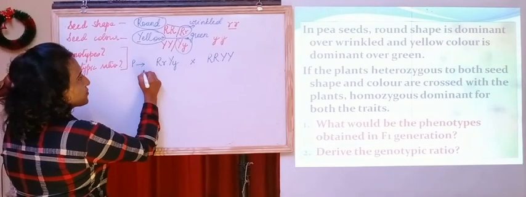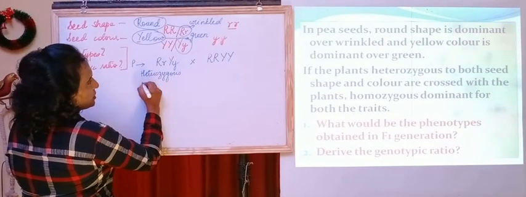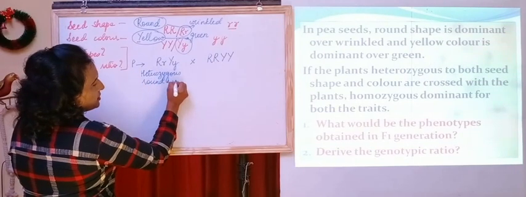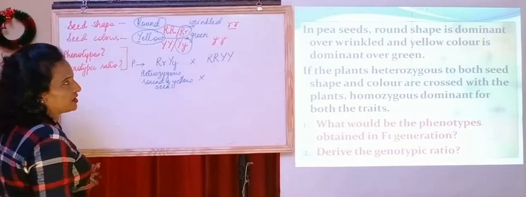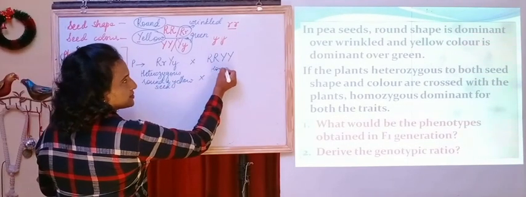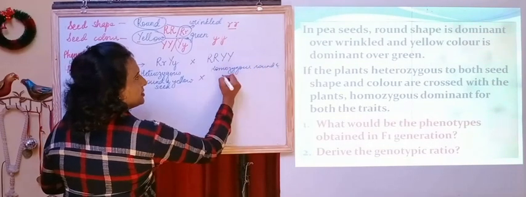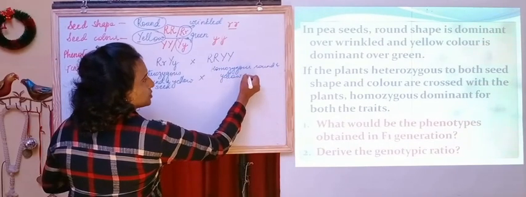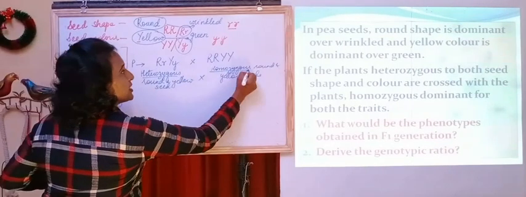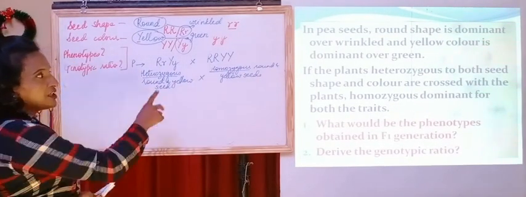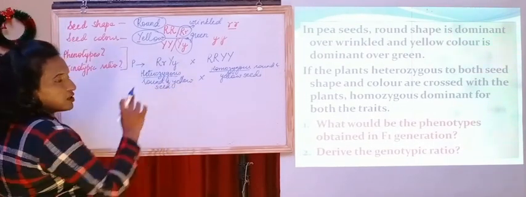So it will be heterozygous, round and yellow seeded plants crossed with homozygous, round and yellow seeded plants. So this heterozygous and homozygous we have to mention when we are solving any particular problem. Okay, so we have already got the parents.